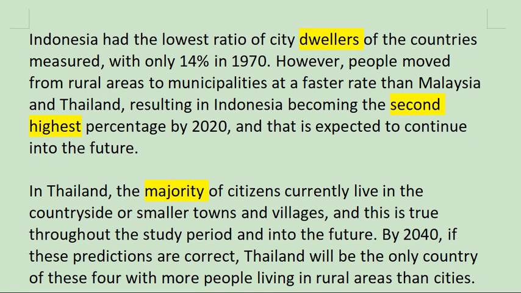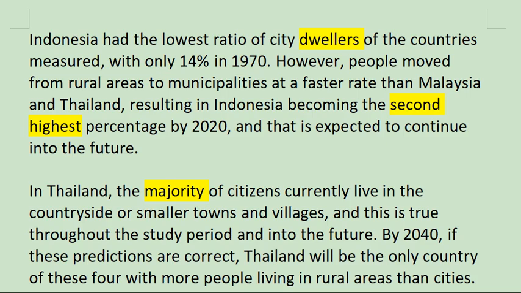Indonesia had the lowest ratio of city dwellers of the countries measured, with only 14% in 1970. However, people moved from rural areas to municipalities at a faster rate than Malaysia and Thailand, resulting in Indonesia becoming the second highest percentage by 2020, and that is expected to continue into the future.